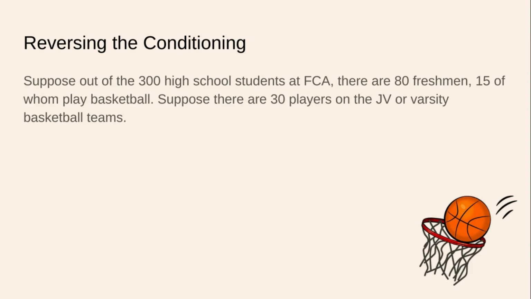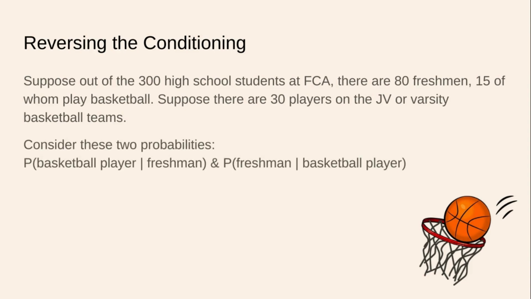So considering all of that, consider the two probabilities. Probability of basketball player given freshman and probability of freshman given basketball player. So in the first probability, we're finding the odds of being a basketball player given that we're only dealing with freshmen. And then we're finding the probability of freshmen given that we're only dealing with basketball players, okay?